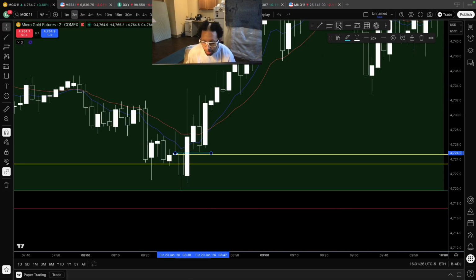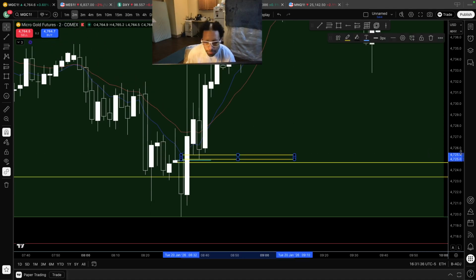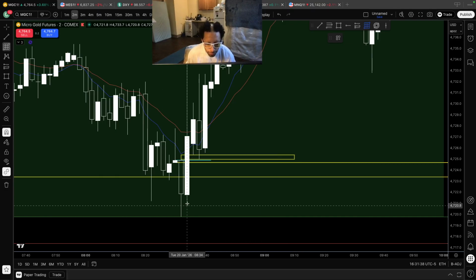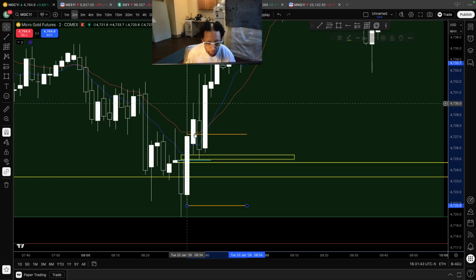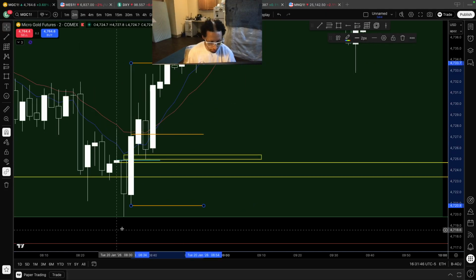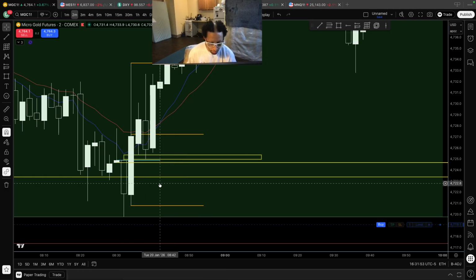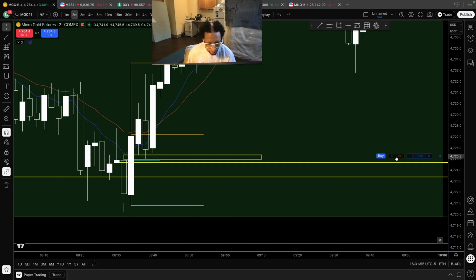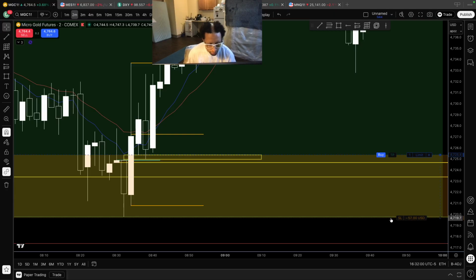And then we actually have a fair value gap right here, and that fair value gap is in equilibrium. So we got a 4-hour bias, a 15-minute sweep, and then a market structure shift at the area with displacement and a fair value gap. So I'm putting it under this low.